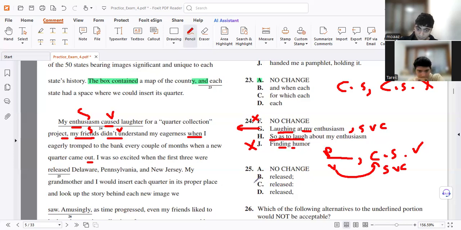See, it's correct, but we need to follow the rules. Always follow the rules. When you find the colon, check the rules. Before the colon, it must be a complete sentence. After it can be an explanation. Before is a complete subject, verb, complement, complex sentence.